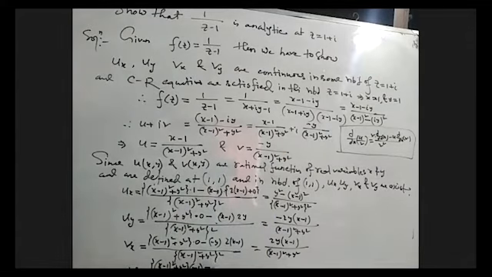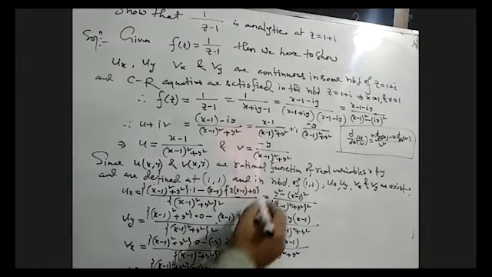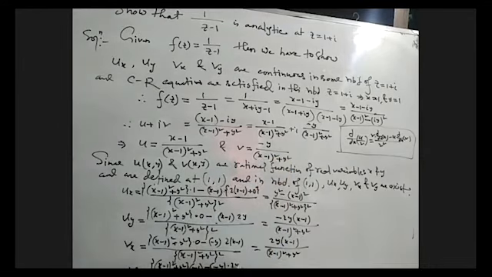Minus u into differentiation of b with respect to y. b means this whole x with respect to y, only twice y. So this equals, we can write, minus minus plus twice y square. So twice y square minus twice y square plus twice y square minus y square, what will be?